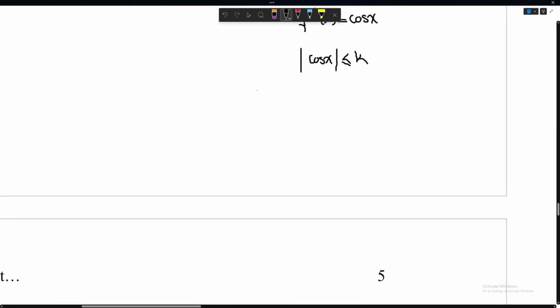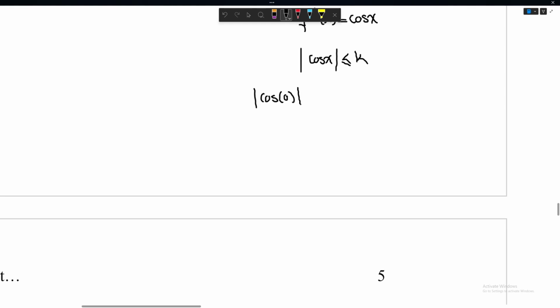So what I'll do is the absolute value of cos of 0 is less than or equal to k, and the absolute value of cos of pi over 2 is less than or equal to k. And so this will equal the absolute value of 0 less than or equal to k, and this will give me the absolute value of 1 less than or equal to k.